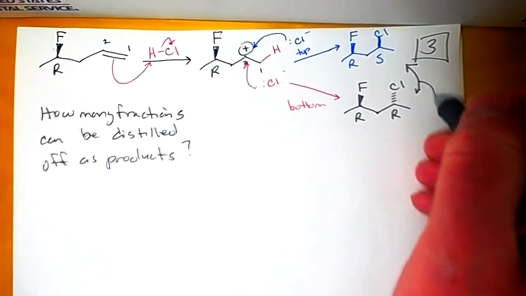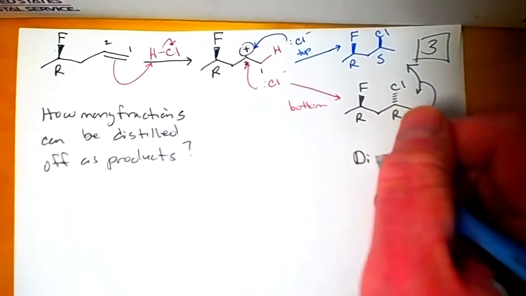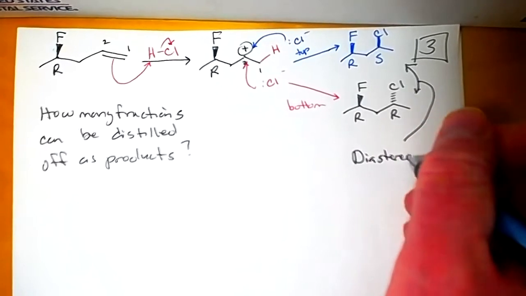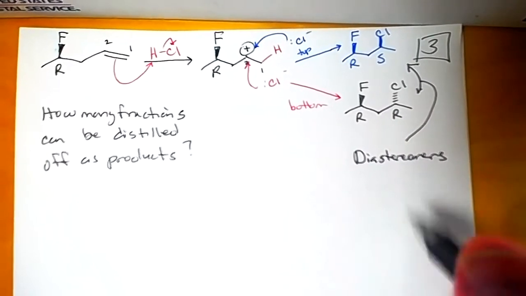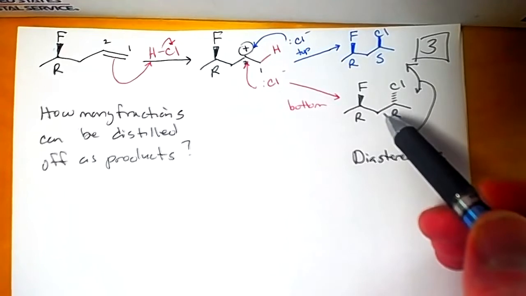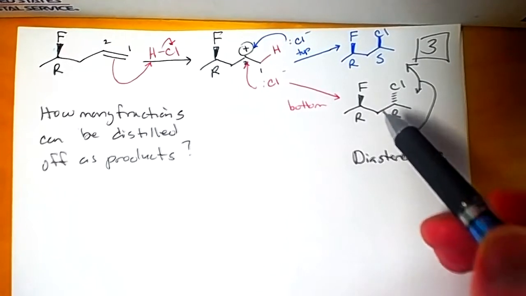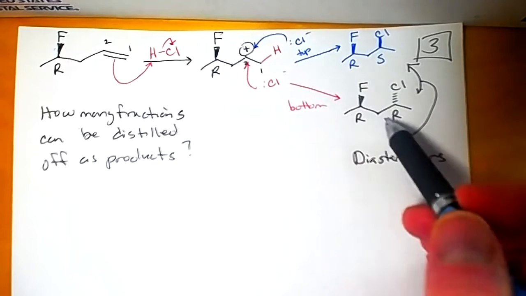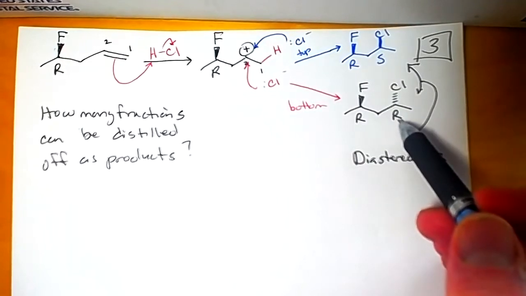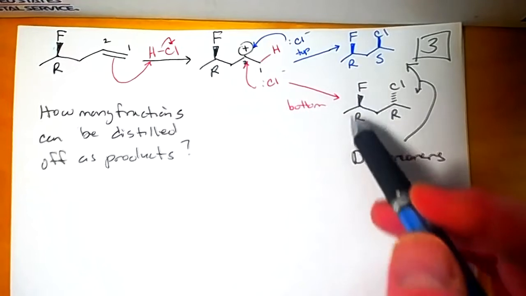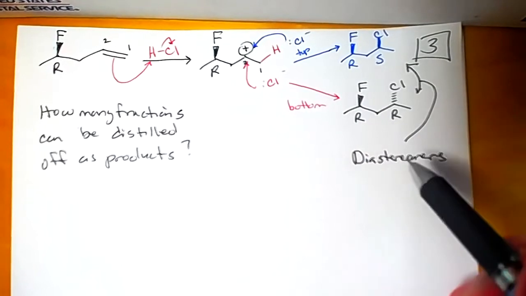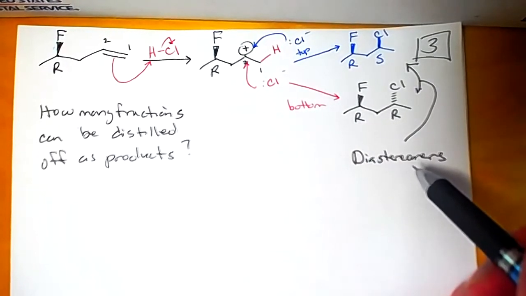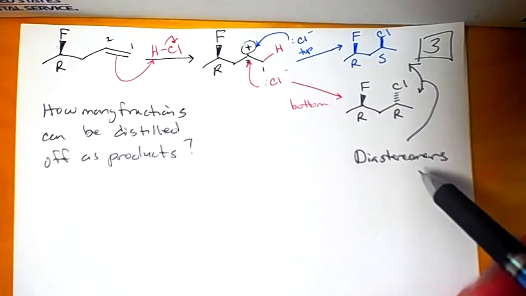And the answer is those two compounds are in fact diastereomers of each other, which means they are not mirror images of each other. If they had been mirror images, then these configurations would have changed down here. Only this one changed, but that one remained the same. So these are not mirror images of each other, but are configurational isomers.